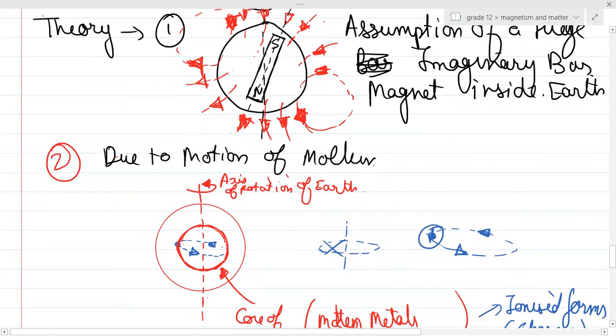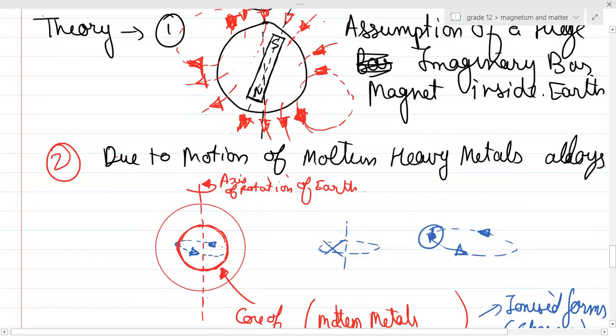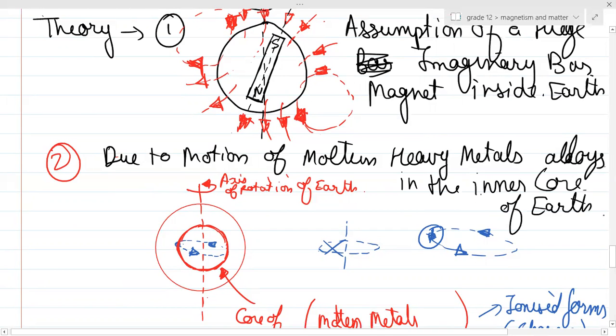Please remember, whenever I say heavy metal, the first thing that should come to your mind is iron alloys. So that is the theory which is the cause of Earth's magnetic field. I don't go with this, but generally I'll still try to explain it with the help of this as well.